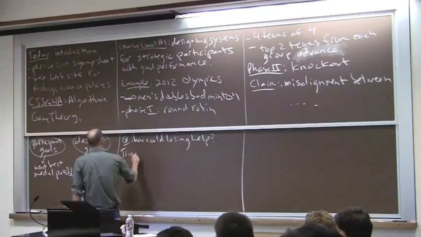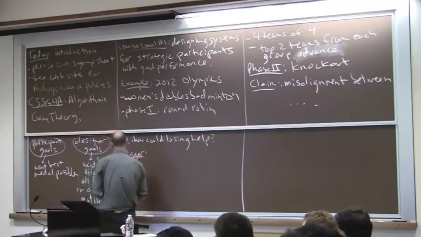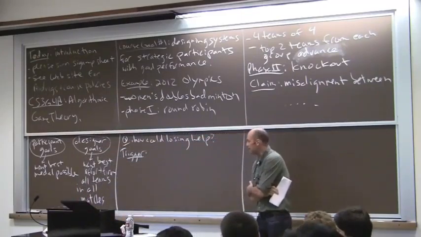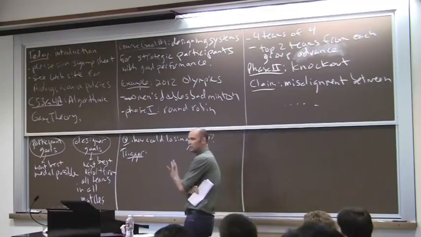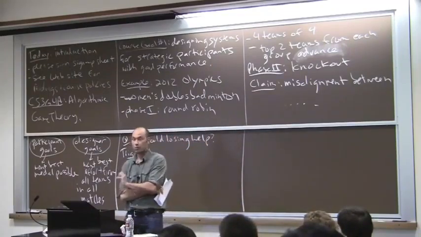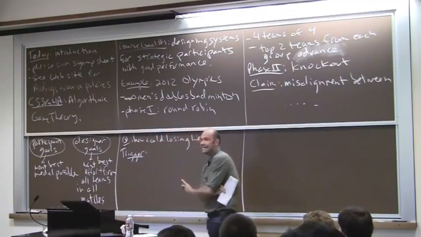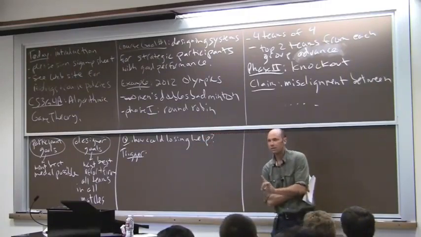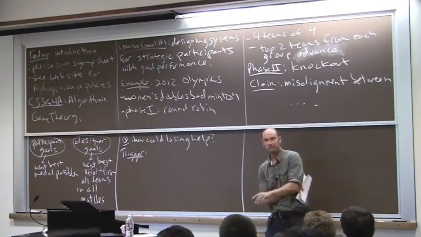And so here's what triggered the problem. What triggered the problem is what, as far as a non-expert like me can tell, is just a truly random fluke event, which was in Group D, on the last day of round-robin play, there was a shocking upset.